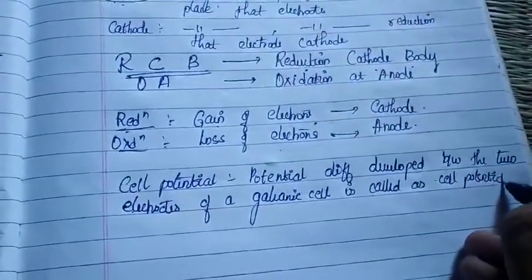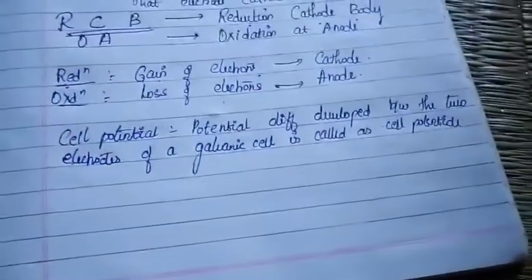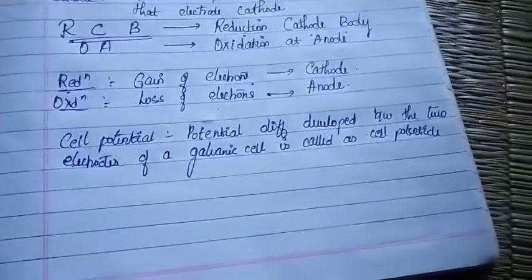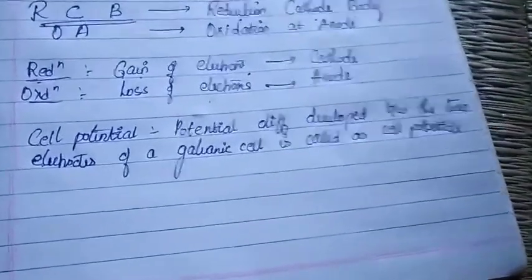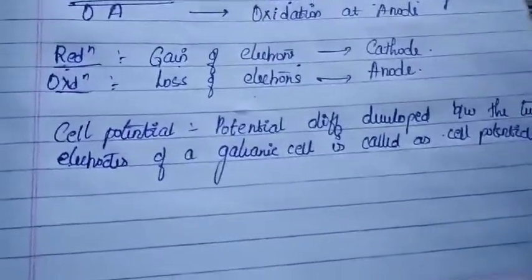Getting my point? Very much important, because it has a formula by which, from the given values of reduction potentials or standard electrode potentials, we can calculate the EMF of a cell, which will be dealt with in my next video. But the formula is very much important.